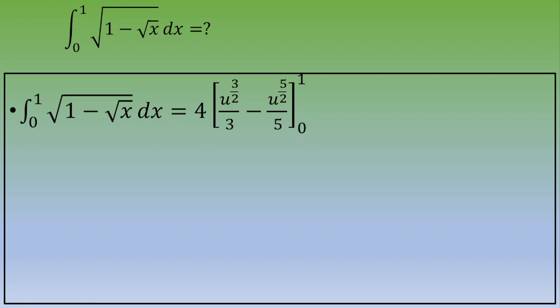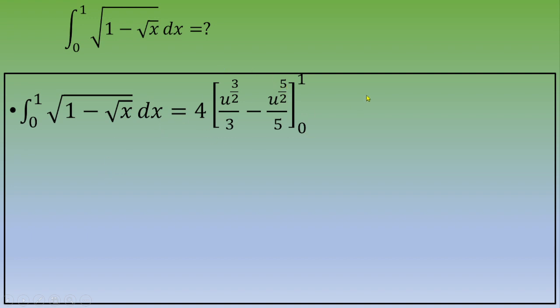So now if u equals 1, if you plug in 1, this is 1 power 3/2, this is 1, divided by 3, this is 1/3, minus 1 power 5/2 divided by 5, this is 1/5. And if you plug in 0, you end up with 0.